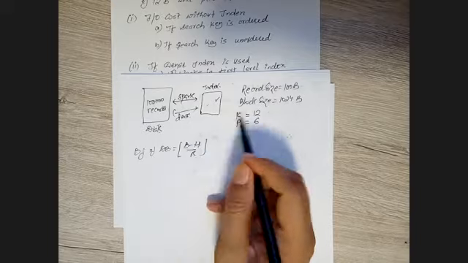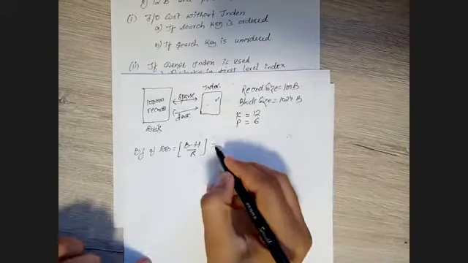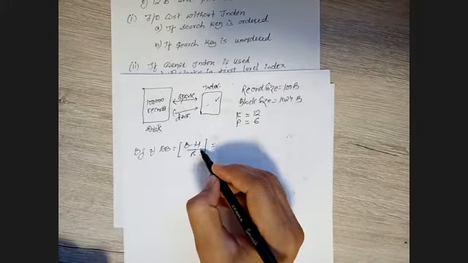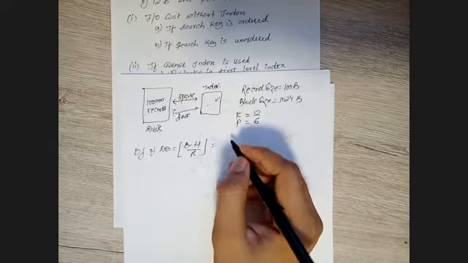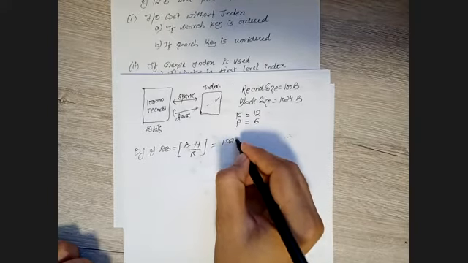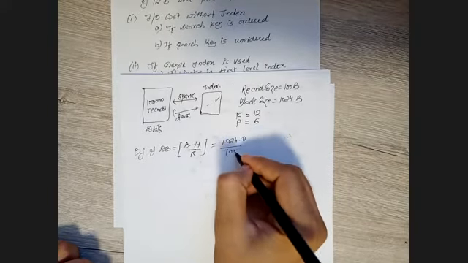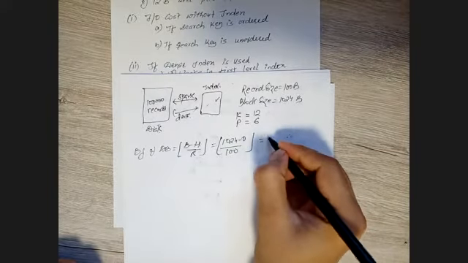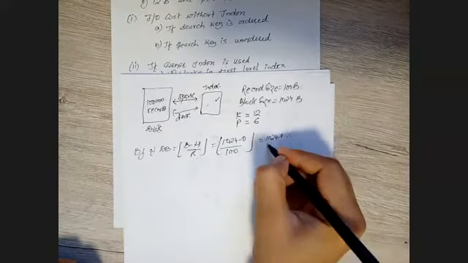Block size we have is 1024. H is not given, and whenever it's not given, we use the value 0. So that is 1024 minus 0 by 100, with the floor value.